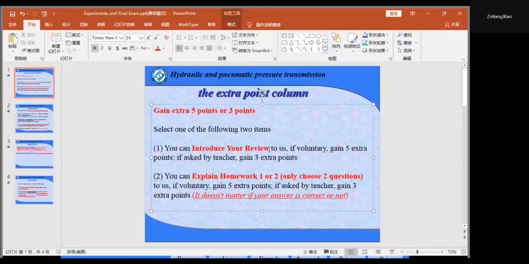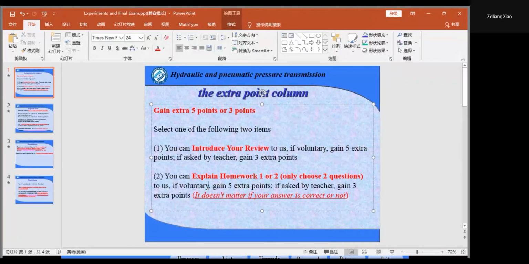You can introduce your review, and if you volunteer, you can get 5 points. If I ask you to do this, you can get 3 extra points. Also, you can explain homework 1 or 2. You just choose 2 questions in homework 1 or 2 in total.